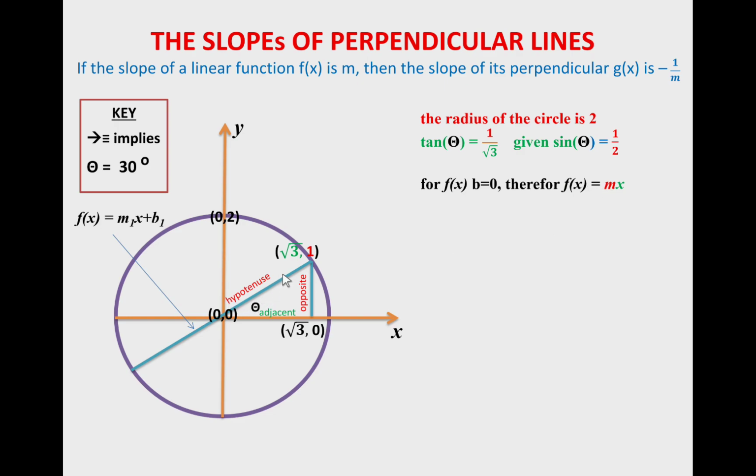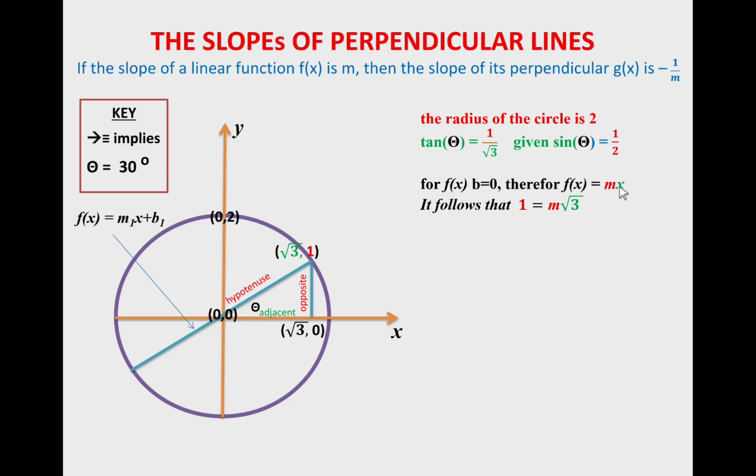But one thing we know is that for this function f of x, this is one of the solutions. If we look at the value of the function at x equal to square root of 3, the value of the function is equal to 1. We can use these values and plug them over here. So it follows that 1, which is equal to f of x, equals m multiplied by square root of 3.